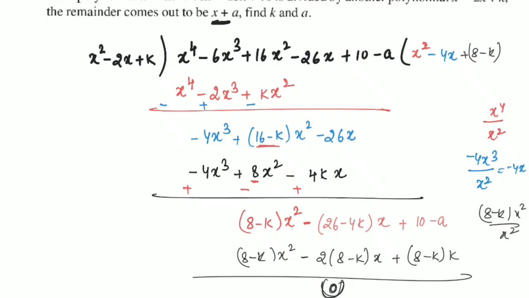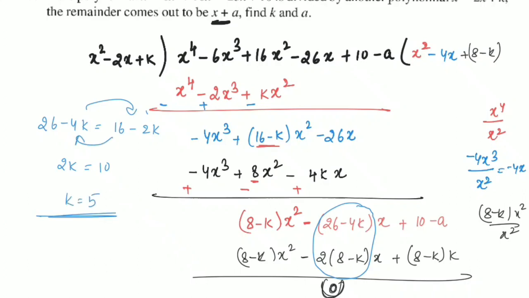Now, if I am going to get 0, these two must be equal. The coefficients of x must be equal. If I equate the coefficients of x, see here, 26 minus 4k is equal to 16 minus 2k. So therefore 2k is equal to 10. If it comes here, this goes there. k is equal to 5. So the value of k is 5.